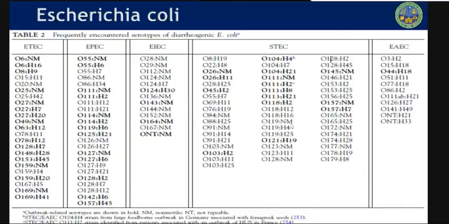There are several strains of E. coli, but notably, they are either hemorrhagic in nature and several others. So Shiga toxin type and several serotypes as well. Again, the more common one presented over and over is O157:H7. The ones in bold are actually the more common type under each type of the diarrheagenic E. coli.